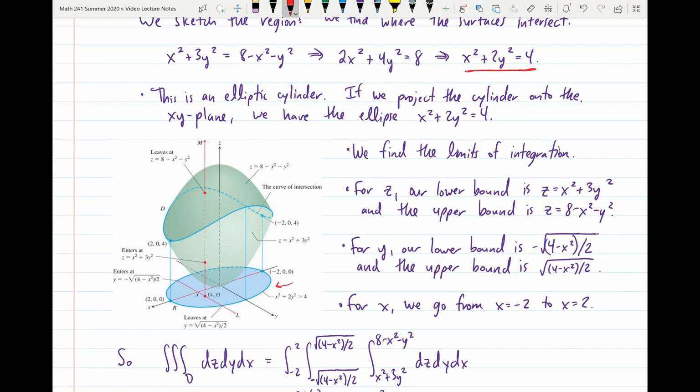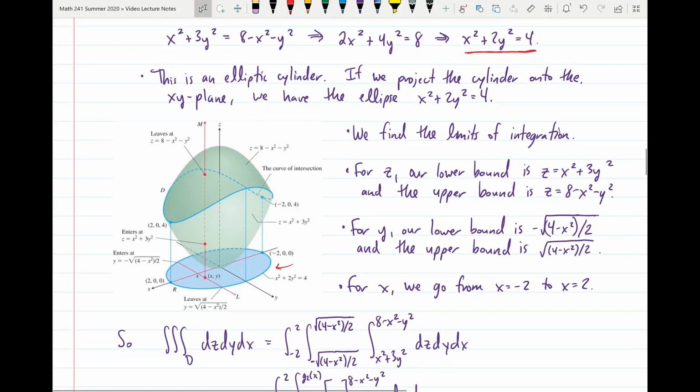That's going to look something like maybe an elliptic paraboloid, something like that, being rotated around the z-axis. So you have a sense of what these things are going to look like, but sketching them exactly is somewhat difficult.